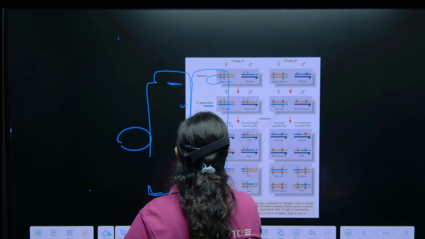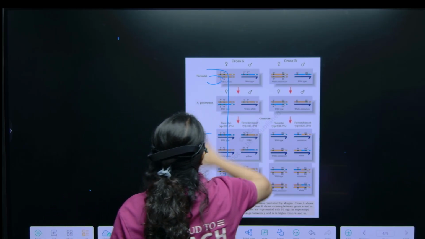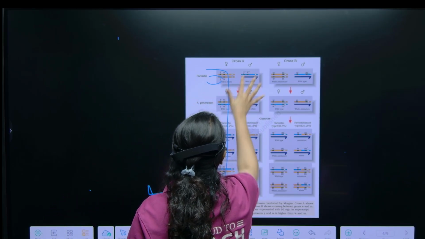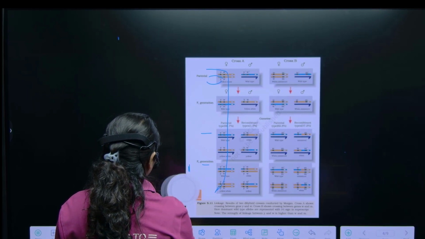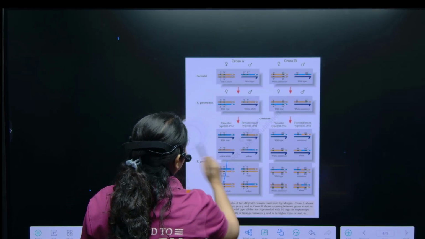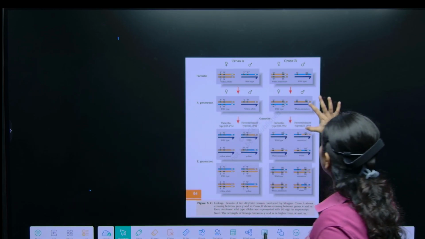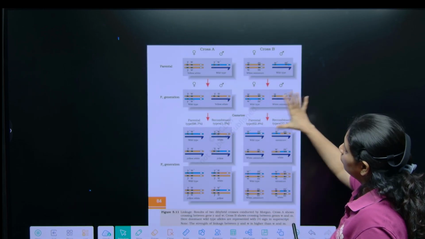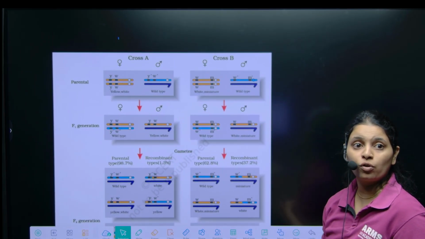And then we will analyze the characters. Okay. So now look at cross B. Let's compare both the crosses.